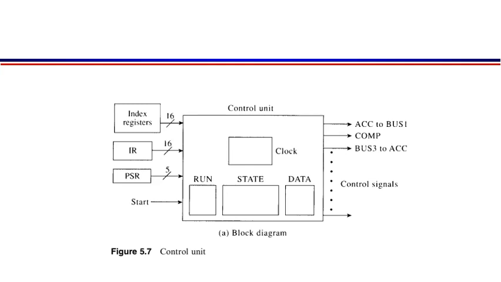The instruction register will be responsible to give information related to the instruction in the form of opcode. This opcode will be decoded and the control signals related to that instruction will be generated by the control unit.